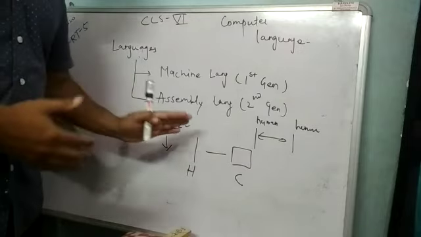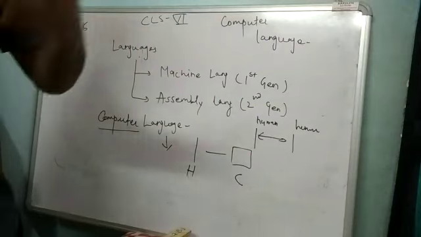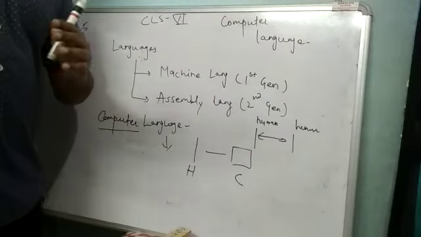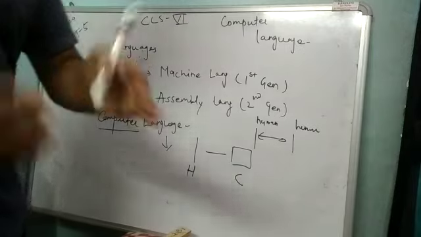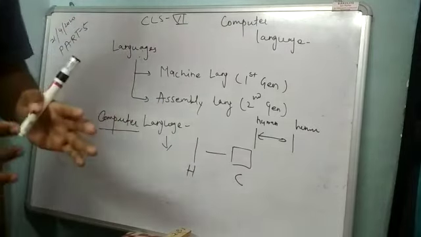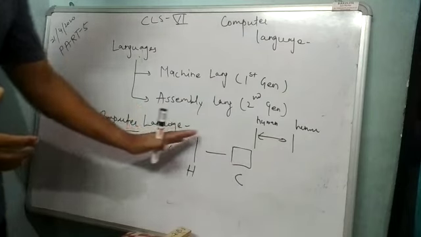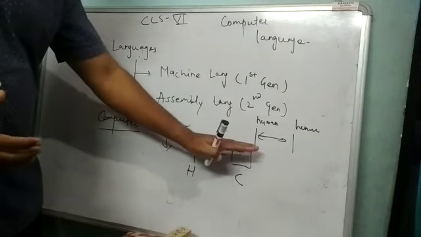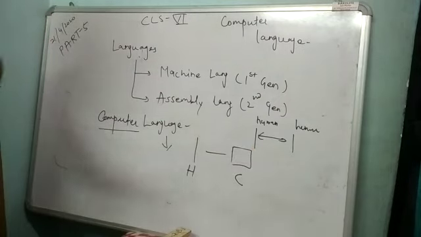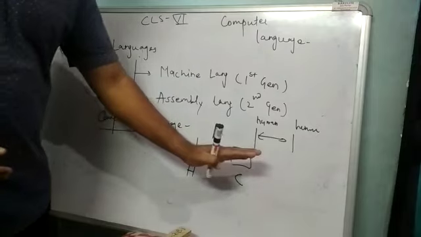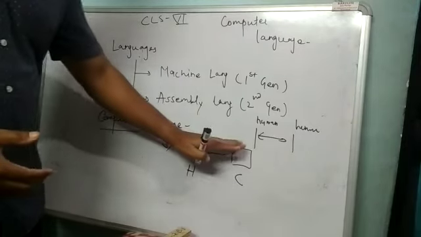You are giving instruction to the computer. You ask chocolate from your father, so you use Hindi or English. Here you want to open a file on the computer, so you will communicate with the computer. You will not communicate with your father or your mother or your sister.